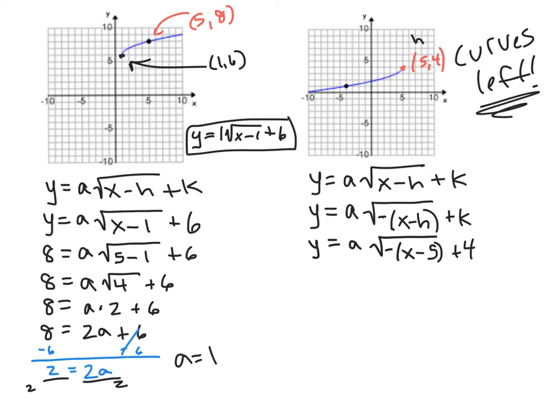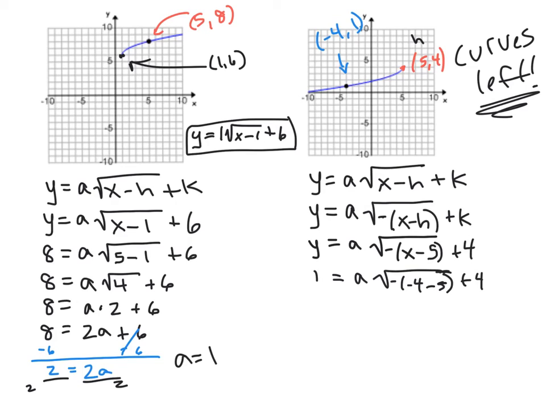We're going to use a point for x and y, so this point right here is shown to us. That's at -4, 1. All right, so we're going to put a 1 in for y. We're solving for a. We're going to put a negative 4 in there for x. And then we have the plus 4 out here.